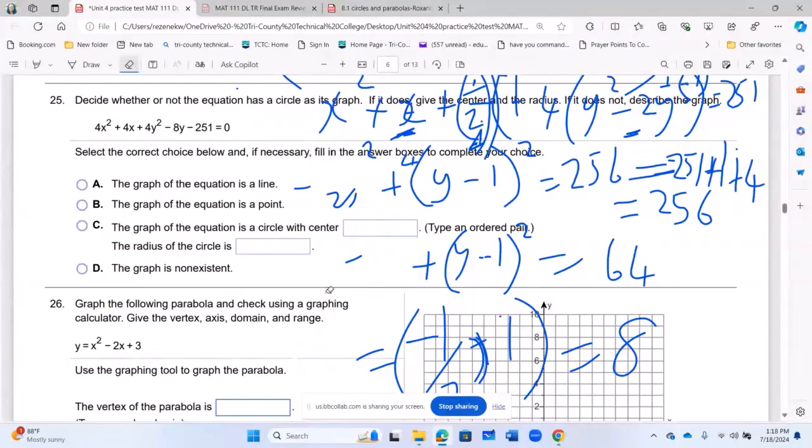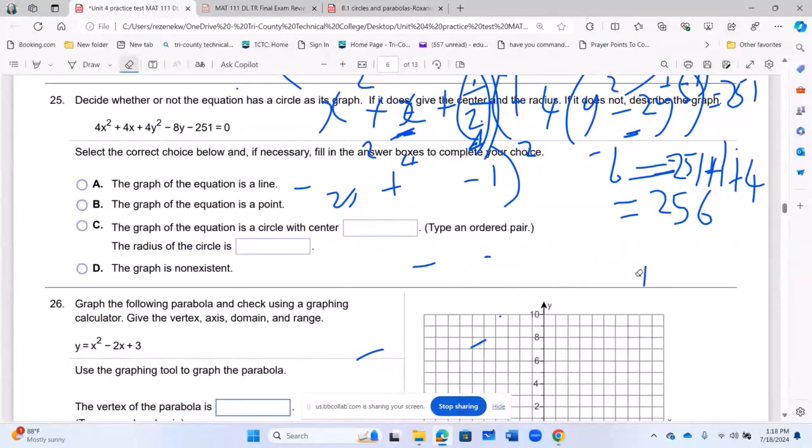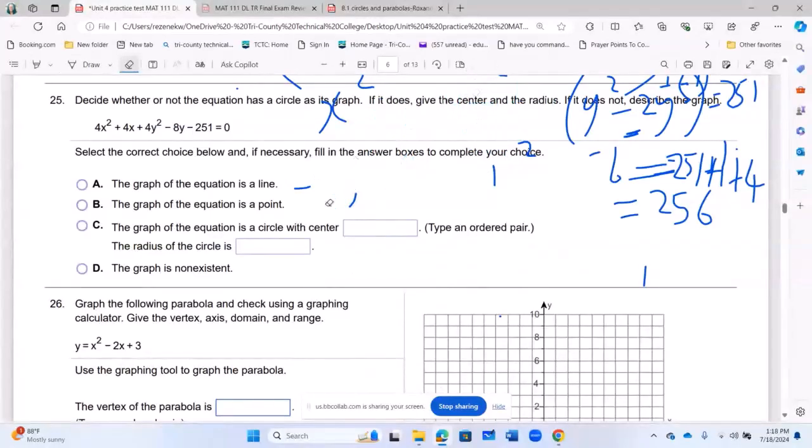Oh, okay, they asked us to do it. So we got the center and the radius. You have to remember how to complete the square, because you did it in quadratic functions, maybe wherever you did it at 110.